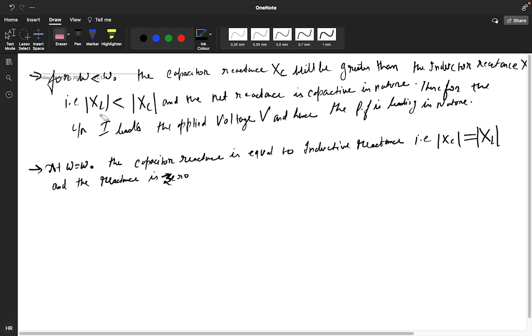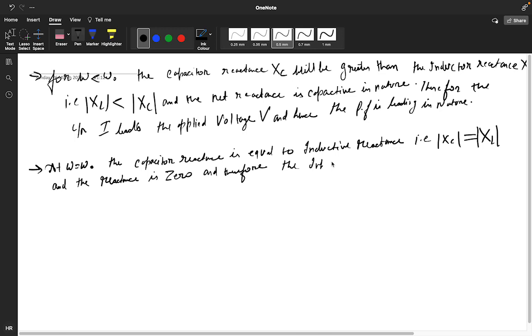Okay, the reactance is 0, and therefore the impedance is purely resistive in nature.